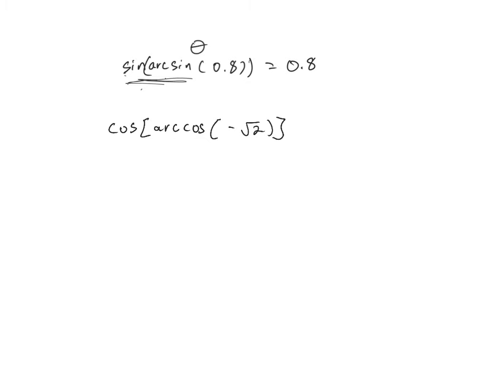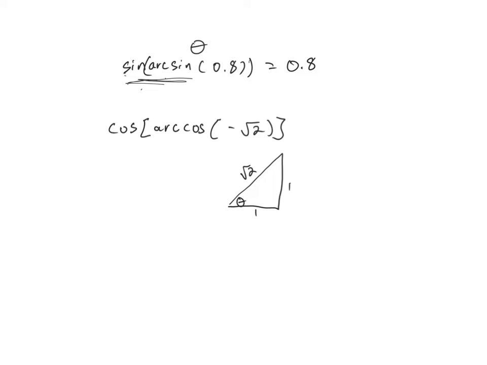So let's think about this logically. We want a degree theta for which it's negative root 2. If we had our 45, 90 triangle, we had 1, 1, root 2.